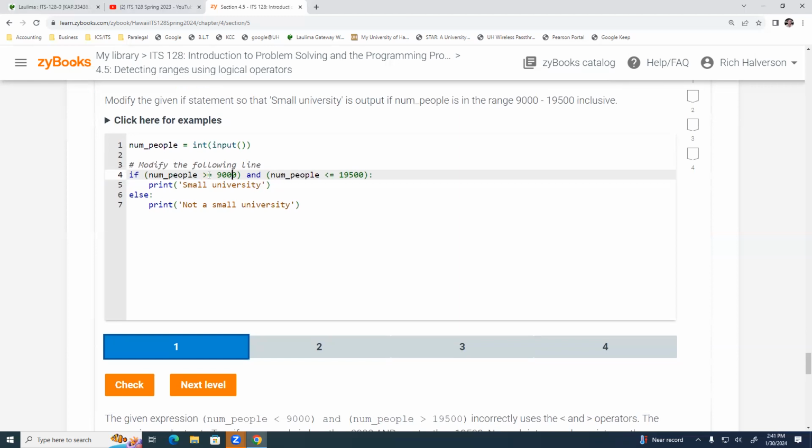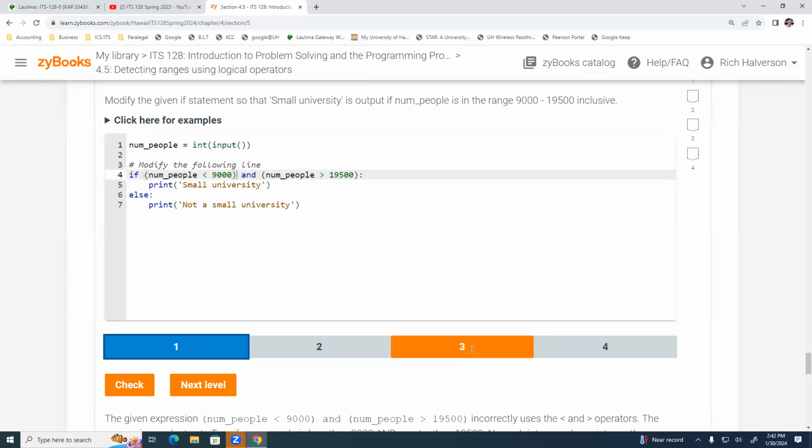It was like this, and I said that this was impossible. But you can make this an or. Can I change this? No, I can only change that. Okay, never mind, that didn't work.